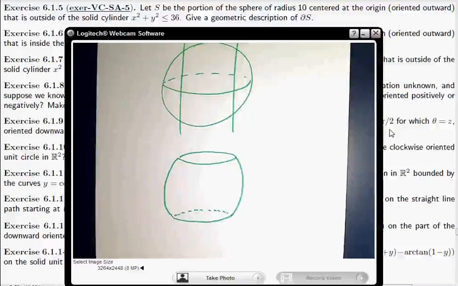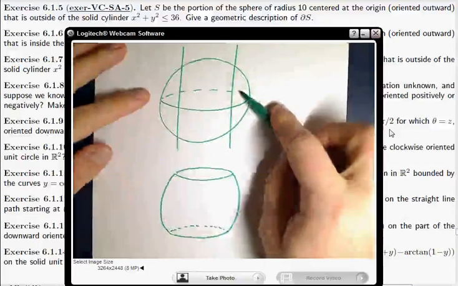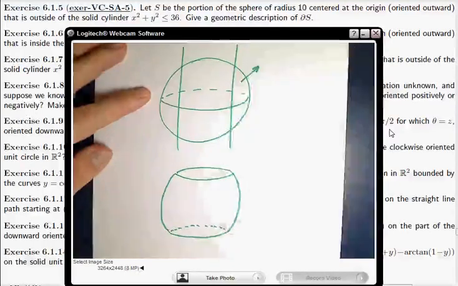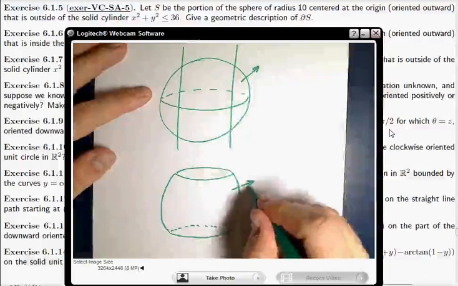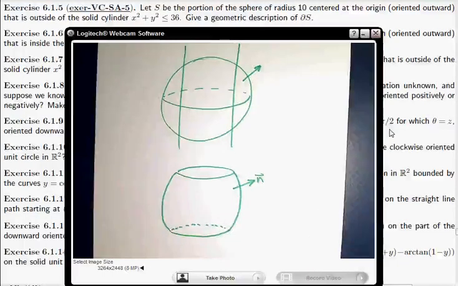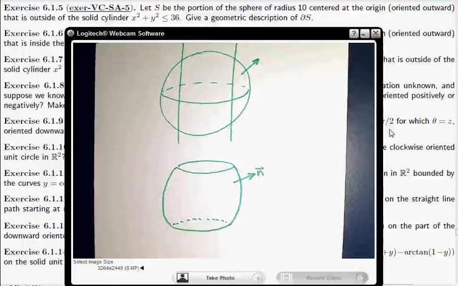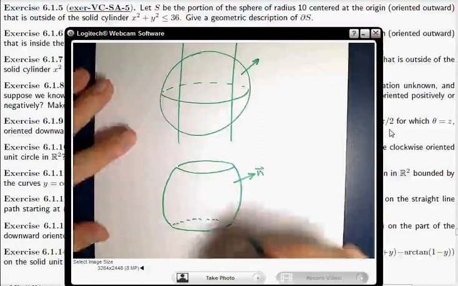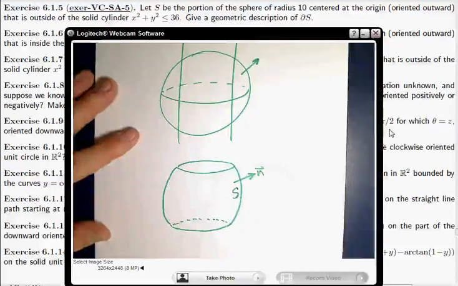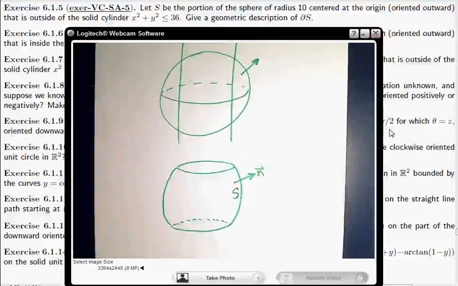Okay. So now let's keep in mind this is an oriented sphere. The sphere originally oriented outward. Right, so what's left over here is still oriented outward. Cool? Okay. So we want to ask now, let's talk about the boundary of this surface S. Well, the boundary of a surface is a curve or a collection of curves, perhaps.